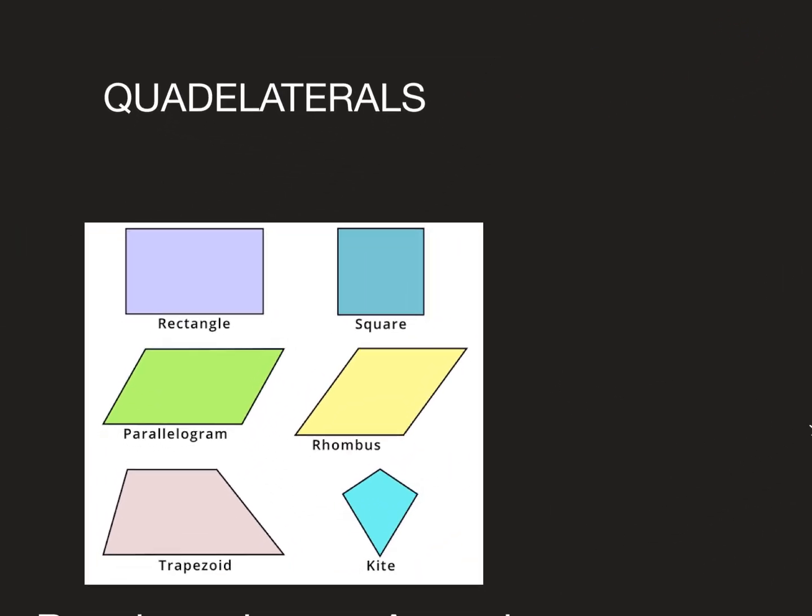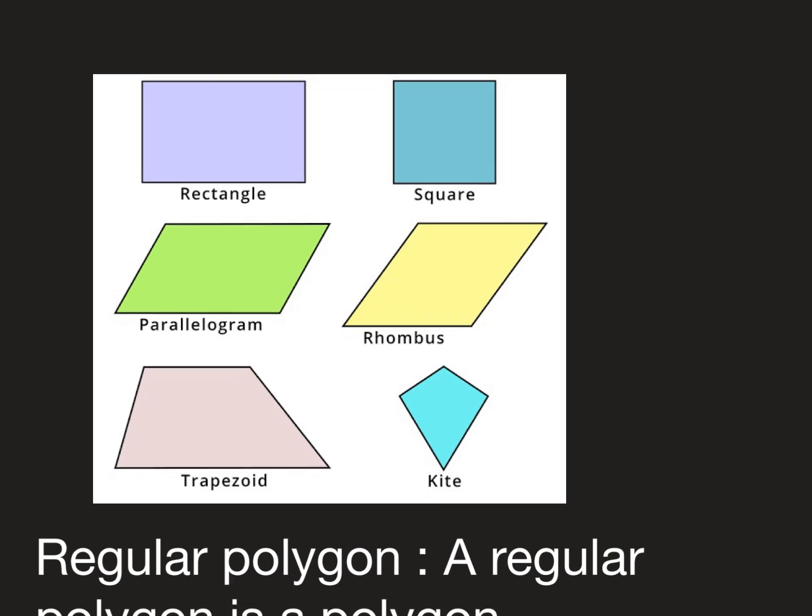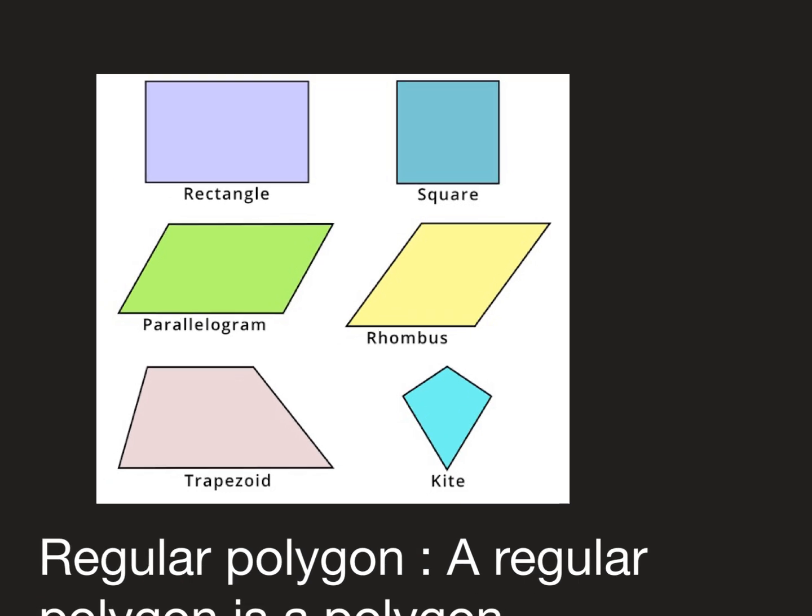Moving on to the quadrilaterals, we said quadrilaterals are four-sided figures. So this is a rectangle with two of the opposite sides being equal. This is a square with all the four sides being equal. This is a parallelogram with two of its sides being equal. Okay, the difference between a rectangle and a parallelogram, as you can see, for a rectangle, the angles are exactly 90 degrees.